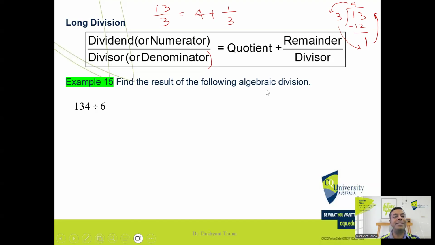Find the result of the following algebraic division: 134 divided by 6.